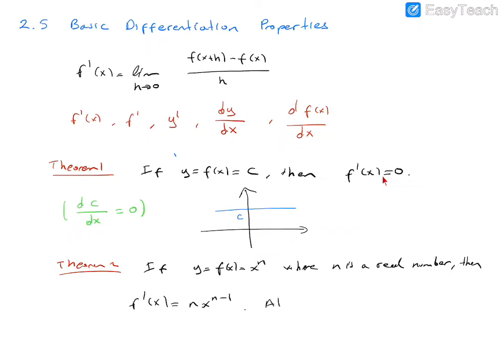Of course, you can also use the following notations: y prime equals n times x to the power n minus 1, dy over dx equals n times x to the power n minus 1, or the derivative of x to the power n with respect to x equals n times x to the power n minus 1. This is called the power rule.